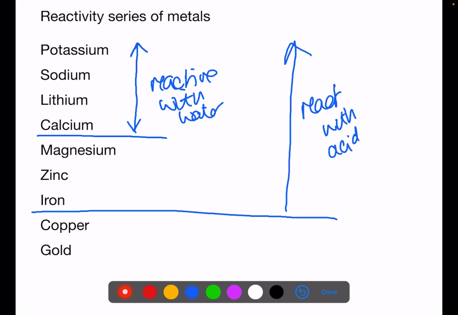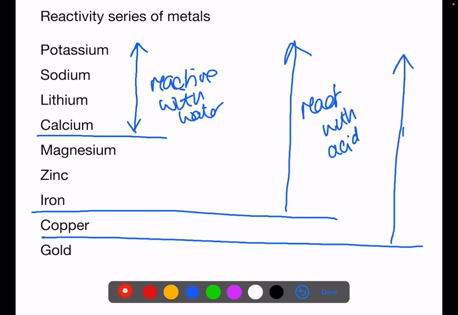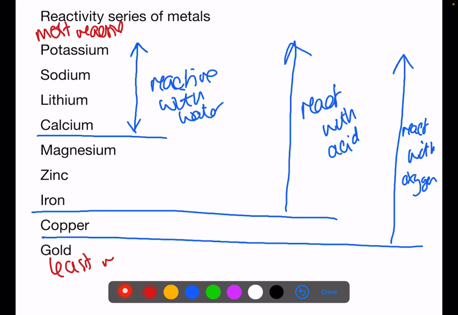The metals which react violently with water we would not want to put into acid, as the reaction would be too violent. And things above this line would react with oxygen. The metals at the top are the most reactive, and the metals at the bottom are the least reactive.